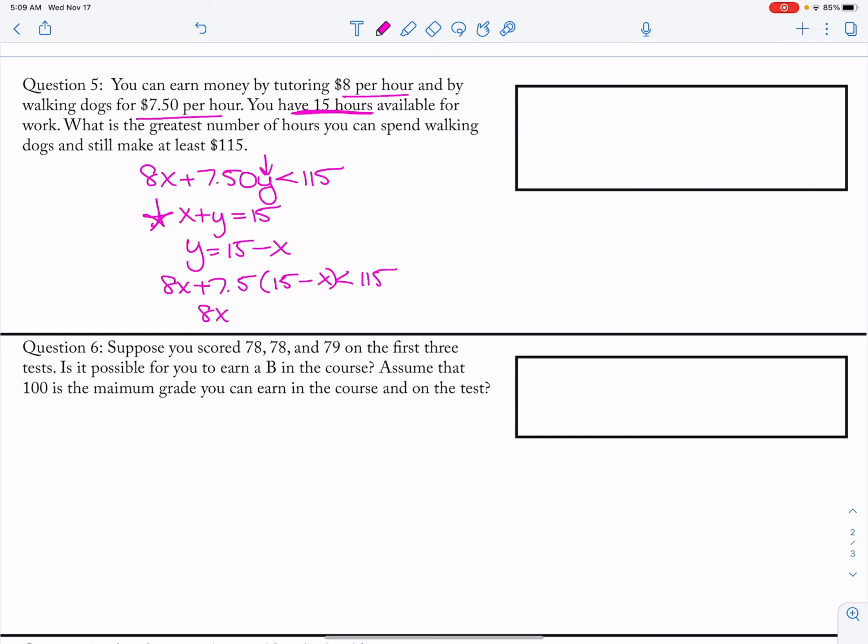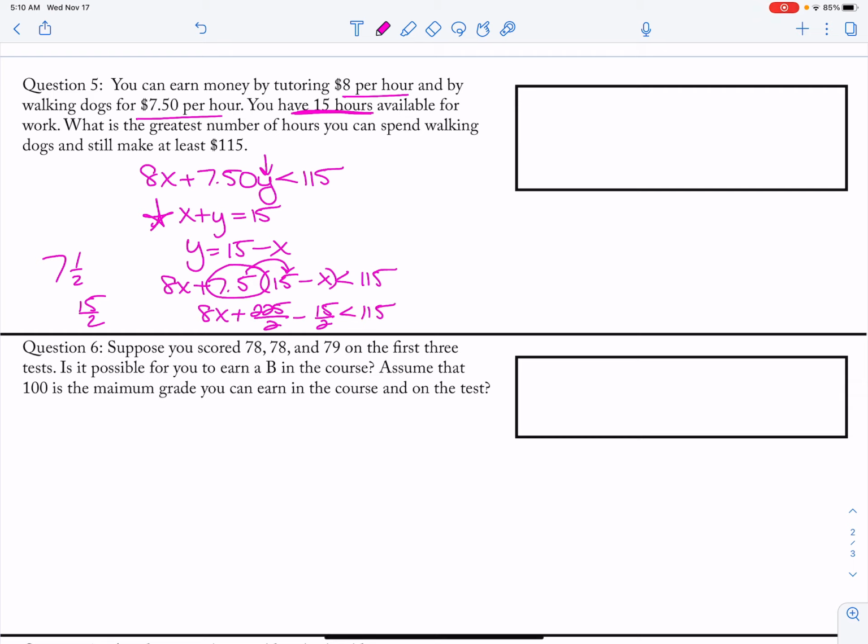So I get 8x plus, I'm going to change this into an improper fraction. 7 and a half is the same thing as 15 halves. So 15 halves times 15 is 225 over 2 minus 15 over 2x is less than 115.